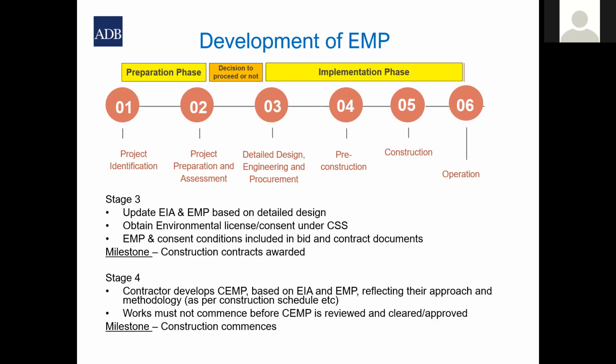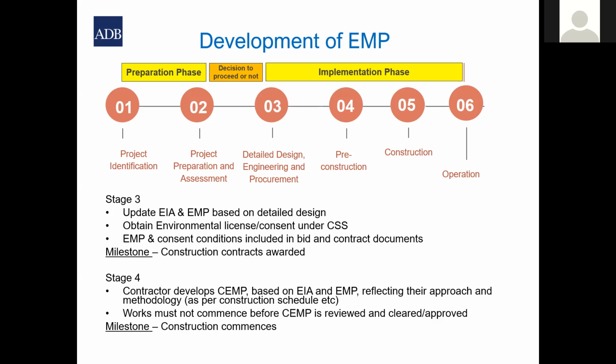This happens during the detailed design process, and it's based on the detailed design. And then the updated environmental management plan and the consent conditions are included into the bid and contract documents during the procurement phase. So the milestone for the end of stage 3 is that construction contracts are awarded.